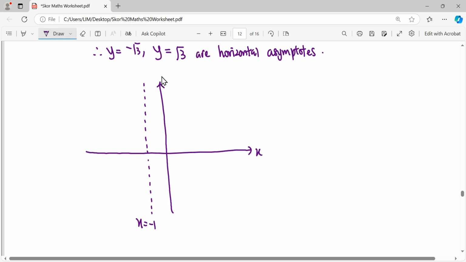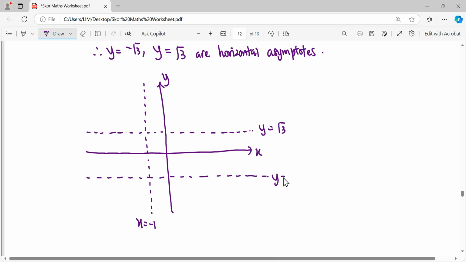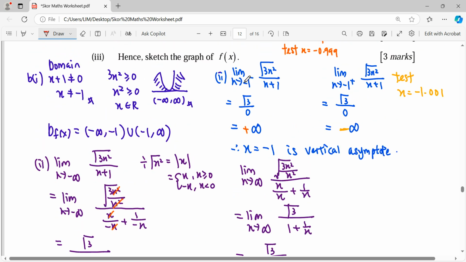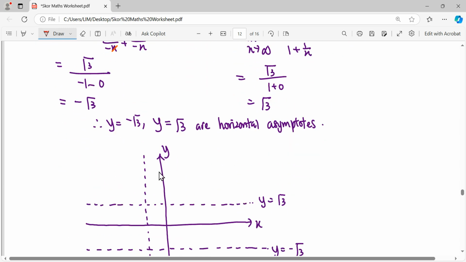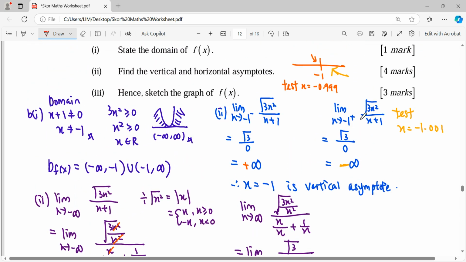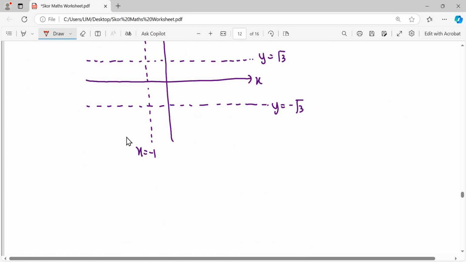You have the x-axis, y-axis, and then you have two horizontal asymptotes, which is y equals 3, and another one, y equals -3. So come with the graph here. When x approaches -1 from the left hand side, our graph goes up. So our graph is going up here. And when -1 from the right hand side, our graph is going down.